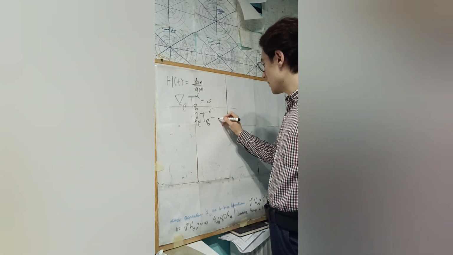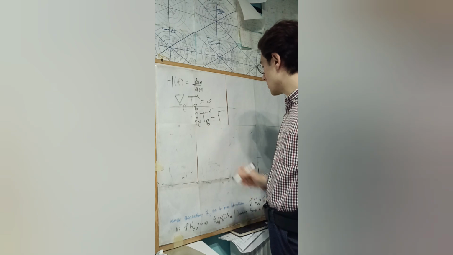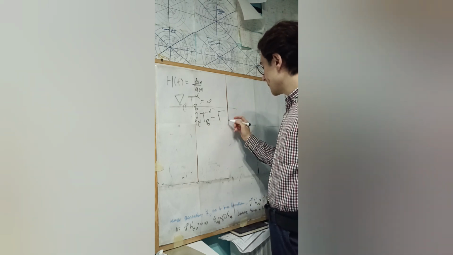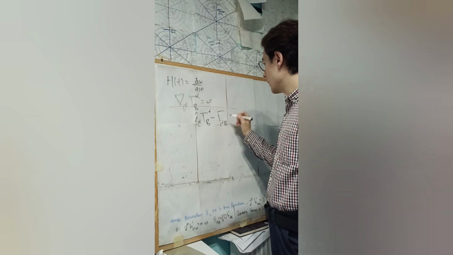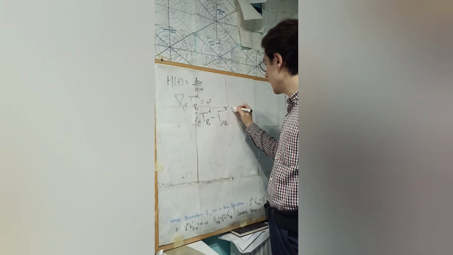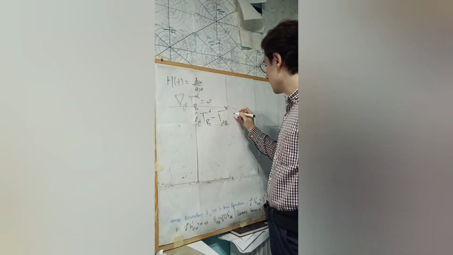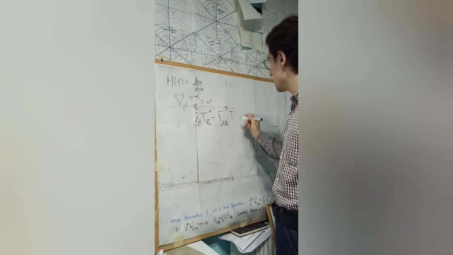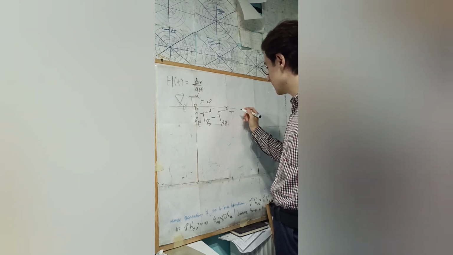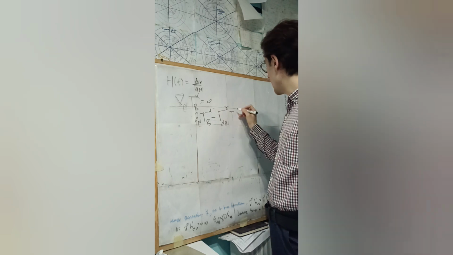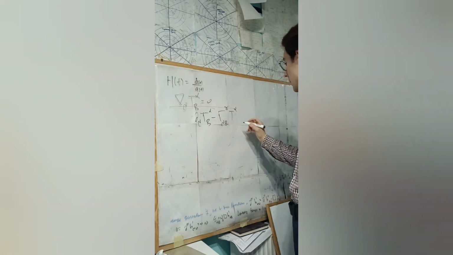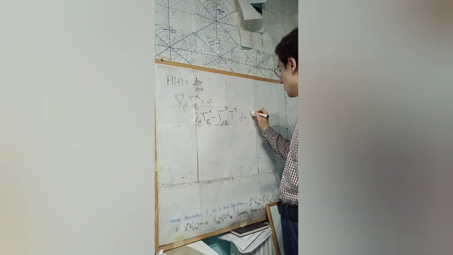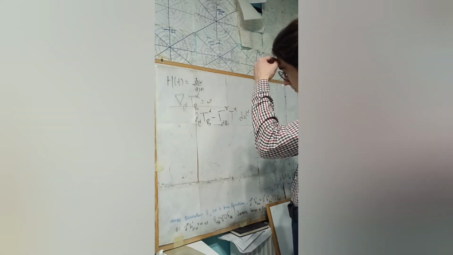So it's minus the Christoffel symbols, nu beta. So we have another parameter, let's say gamma, and we have T gamma alpha, dx mu, and whatever lies behind that.